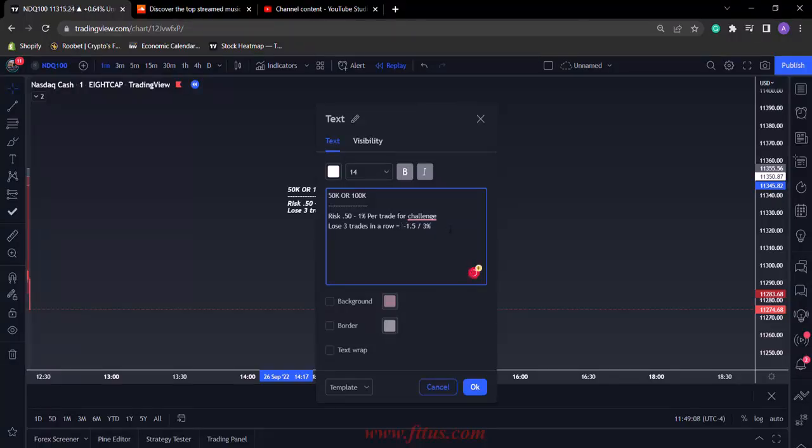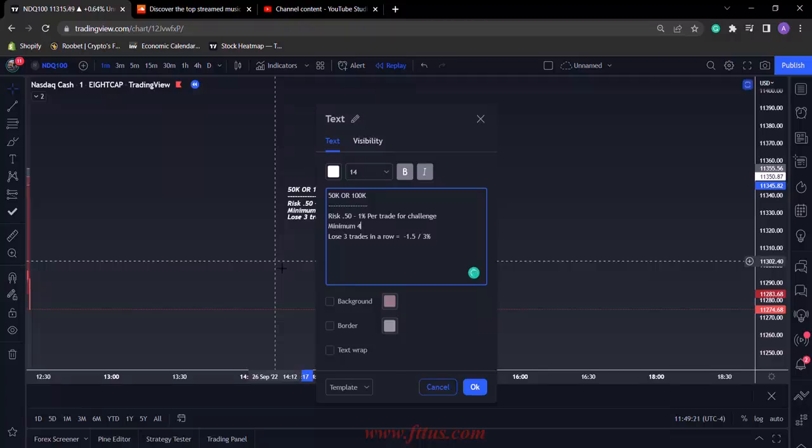Now, one win after that can equal, since we do minimum 4R, 2 to 4%, depending if you're risking 0.5% or 1%.